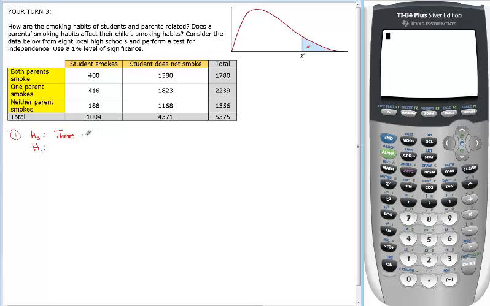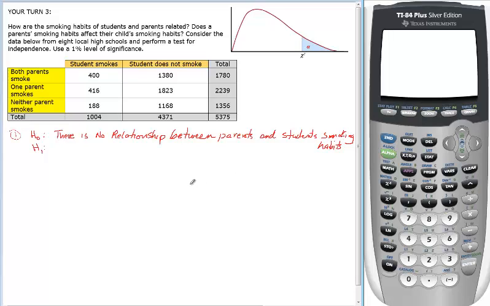There is no relationship, or no association, between parents' smoking behaviors and students', the child, assuming that's their child. Smoking behaviors or smoking habits, so let's write down smoking habits.